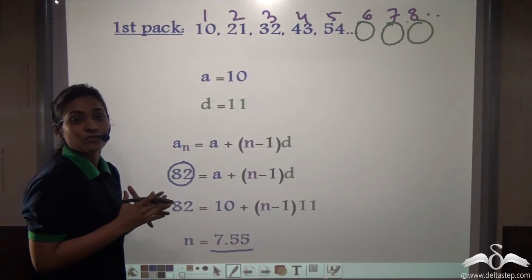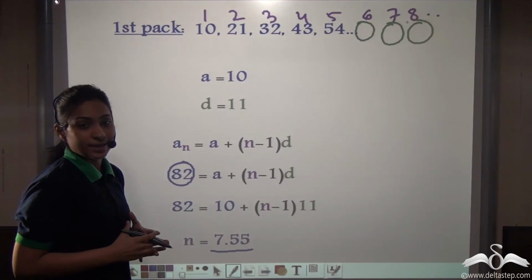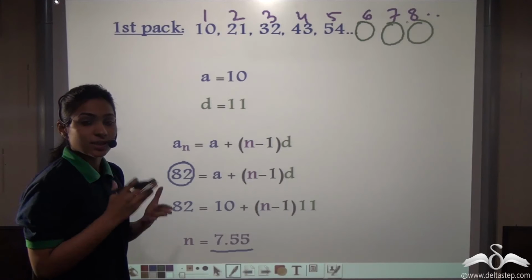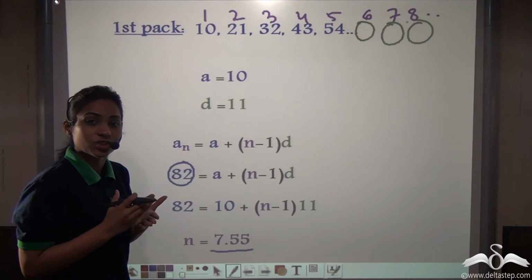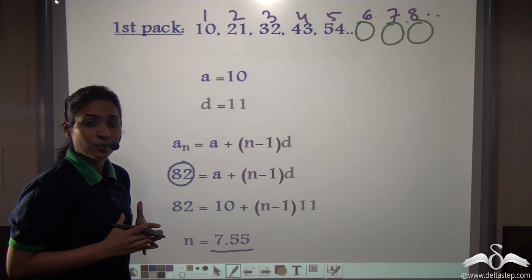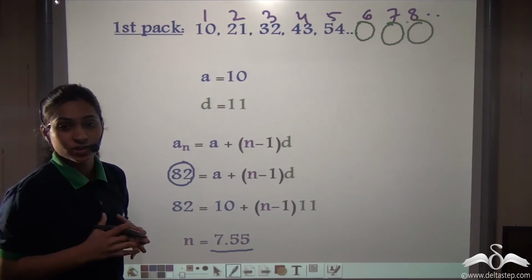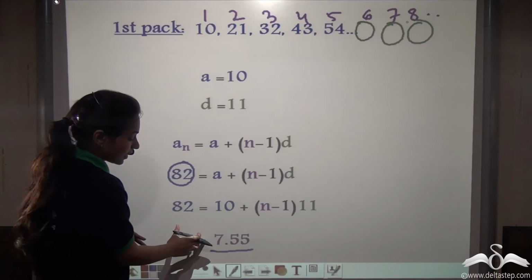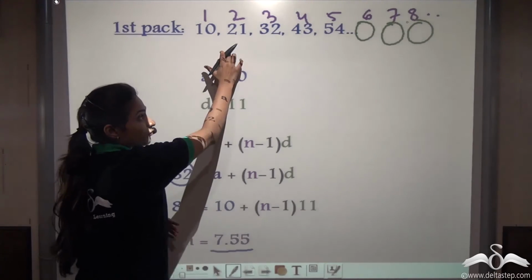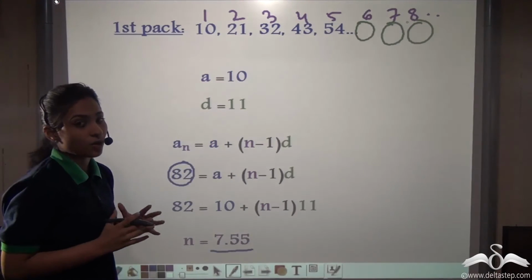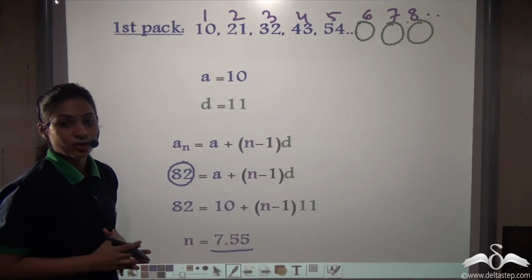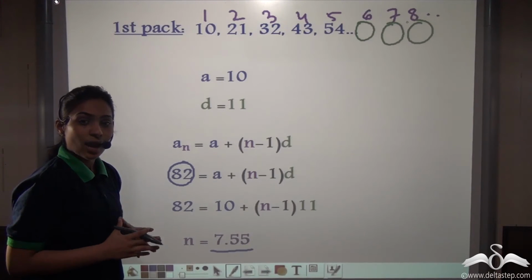But the position of those numbers cannot be in decimal. They have to be whole numbers, like the first position, second position, third position. We do not have anyone in the 1.5 position or the 2.5th position. So we can say that 82 does not fall in this pack. So the children will not be able to find the pattern in the first pack. So they check the other pack as well.